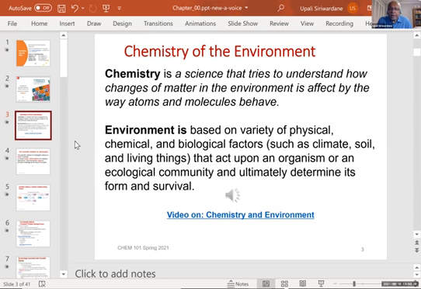Environment is a very complex combination of various factors: climate, soil, and living things. Environments ultimately determine our form and survival.